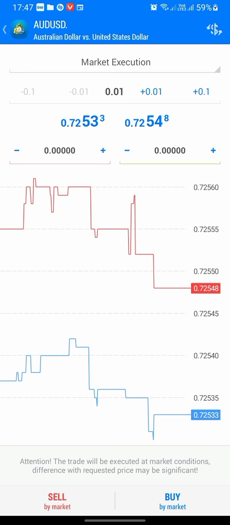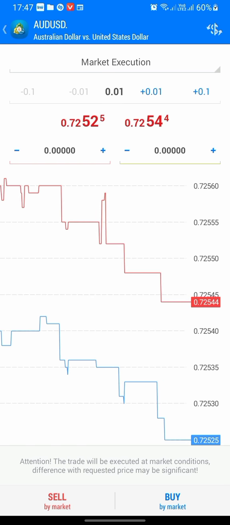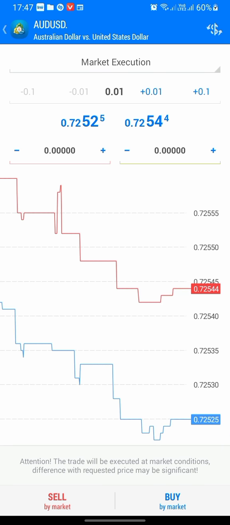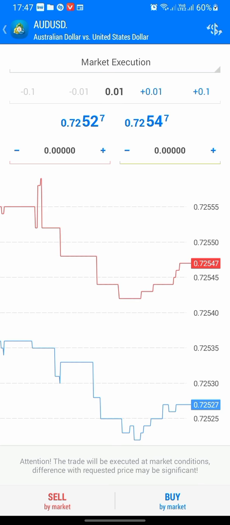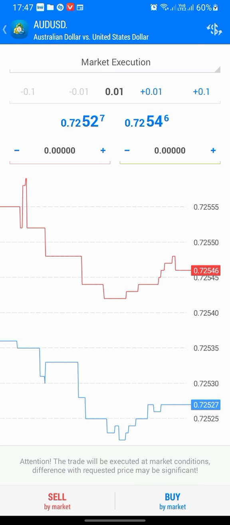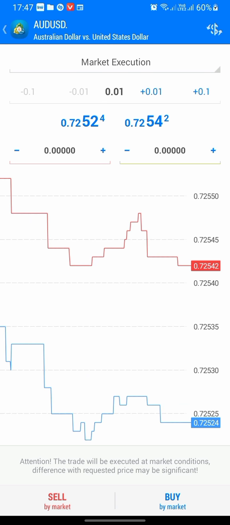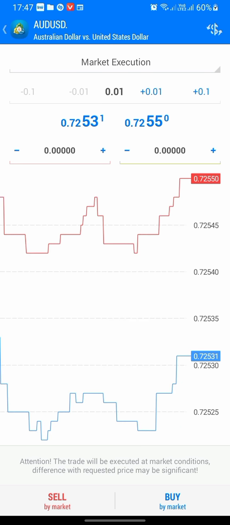Then these are your prices on the market, around 0.7254.